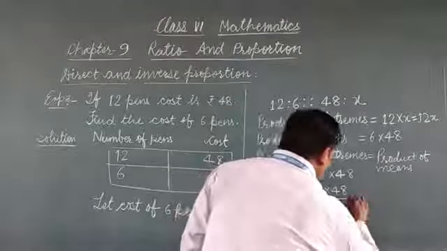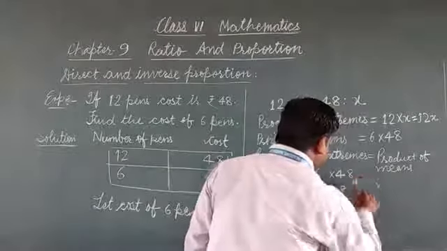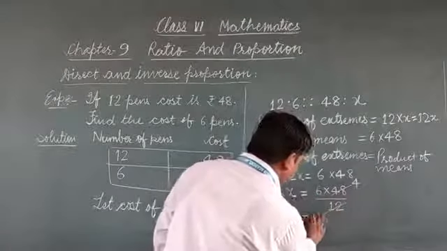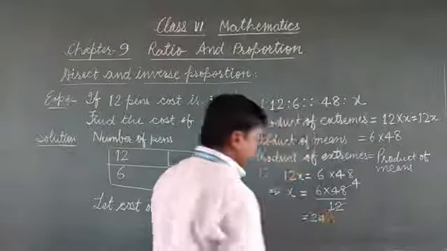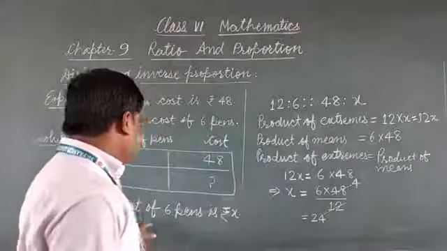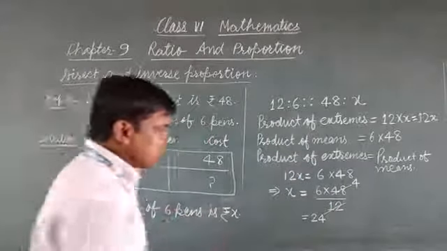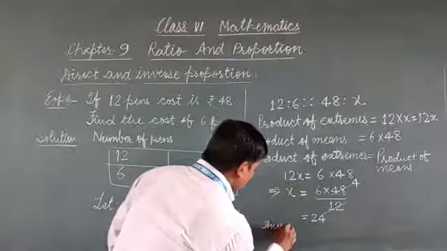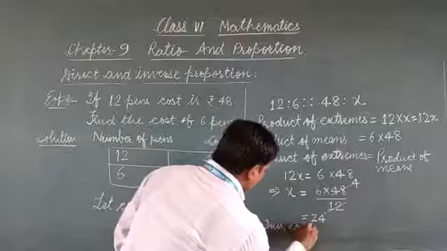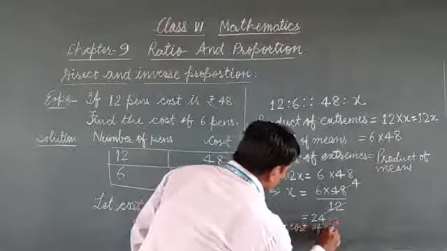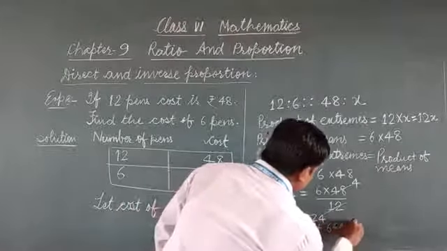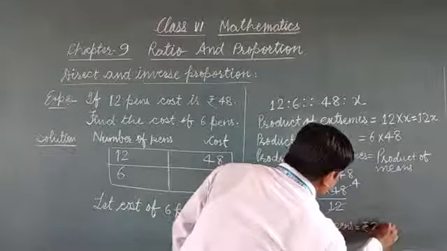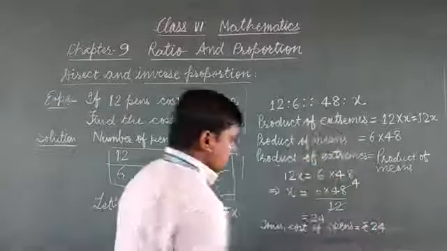We know 12 times 4 is 48, and now we have 6 into 4, 24. Therefore, we can write the cost of 6 pens is equal to rupees 24, and this is the required answer.